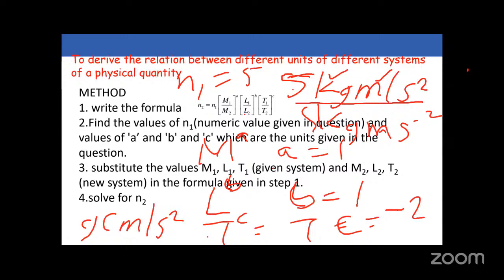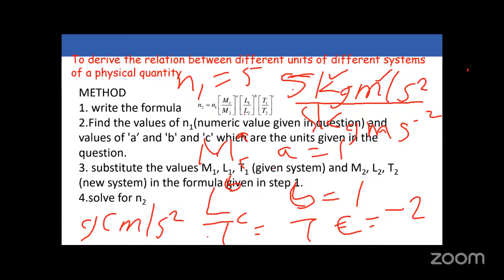Kilogram meter per second square to gram centimeter per second square. So my M1 is kg, M2 is g, L1 is m, L2 is cm, T1 is s, T2 is s. That is how to solve it.